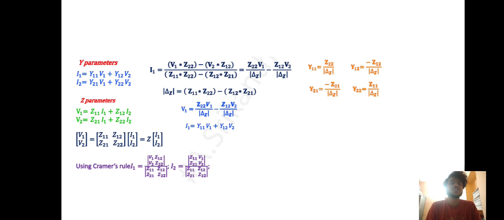Using Cramer's rule, I1 equals V1 into Z22 minus V2 into Z12 by Z11 into Z22 minus Z12 into Z21, and I2 equals Z11 into V2 minus Z21 into V1 by Z11 into Z22 minus Z12 into Z21.